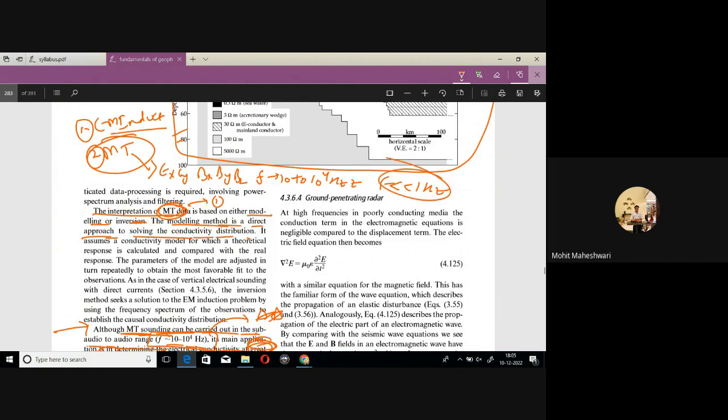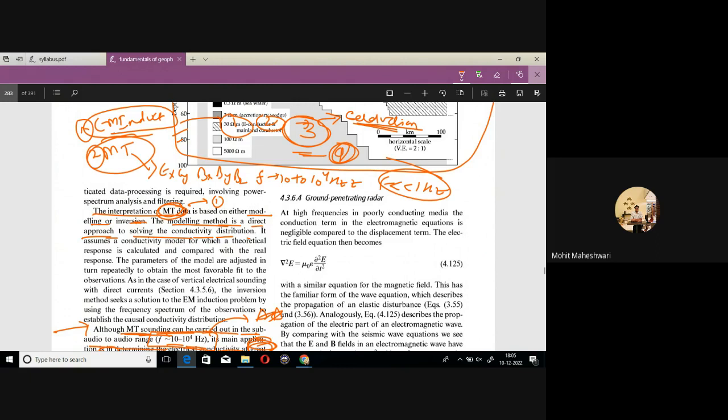In the electromagnetic induction method, we take a transmitter and a receiver, and if there is a conductor beneath the surface, then the conductor will induce some eddy current, and this eddy current will induce an electromagnetic wave, and this can have a phase difference with the primary wave, and this phase difference we can find out. So these are the things.